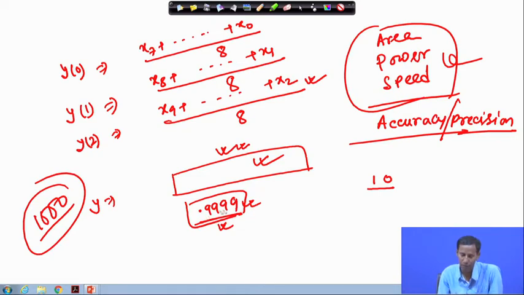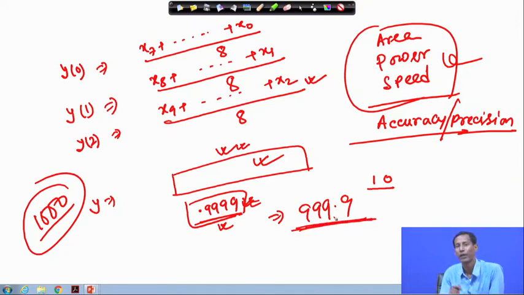If each number is fixed to 0.999, and I add these 1000 numbers, this should be the final output.